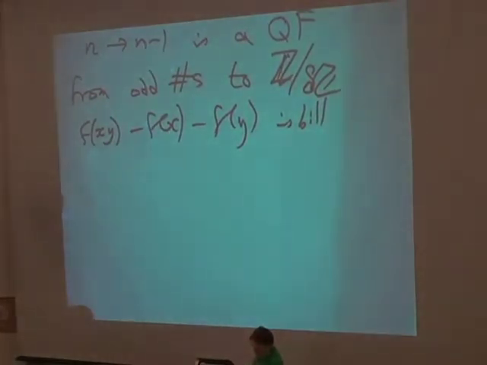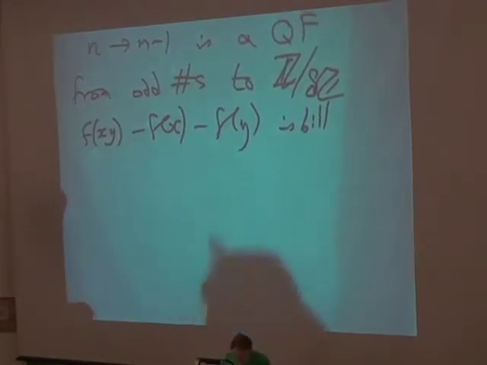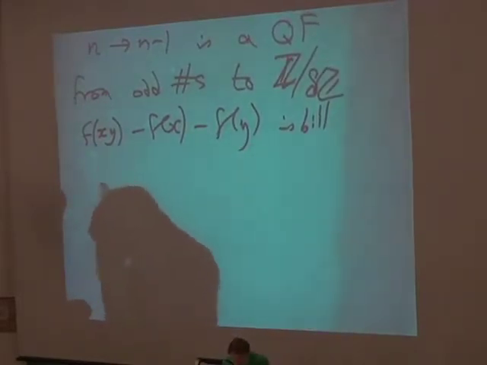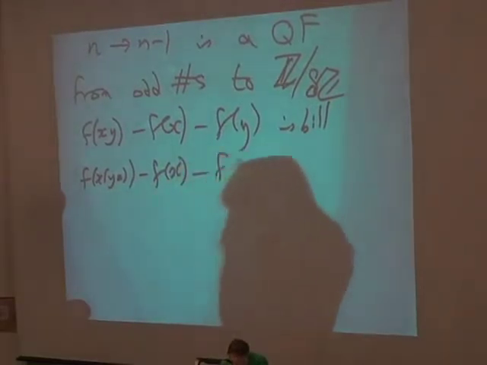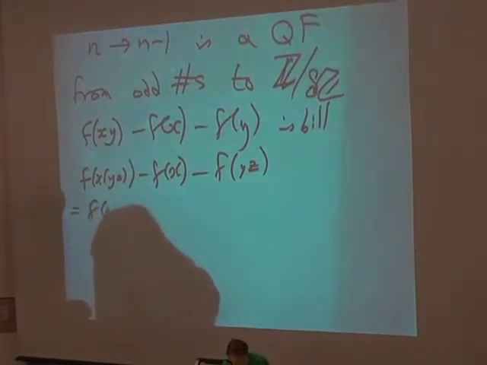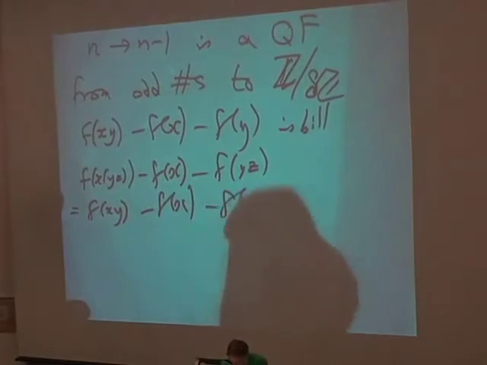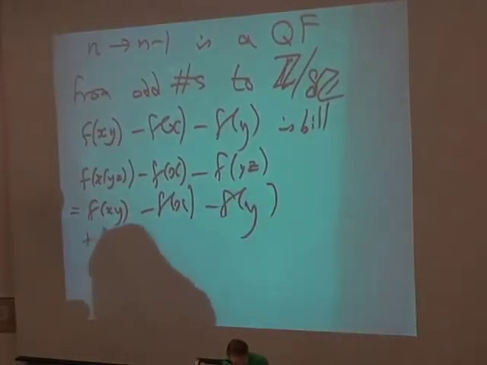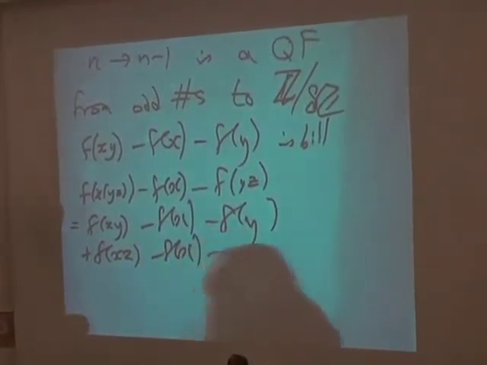That's the condition for a quadratic form. Okay, but what does that mean? Well, this means, if you think about it, f of x into yz minus f of x minus f of yz equals f of xy minus f of x minus f of y plus f of xz minus f of x minus f of z.